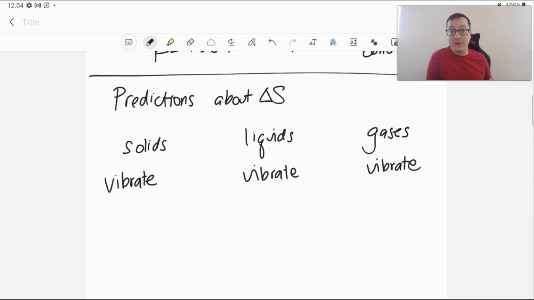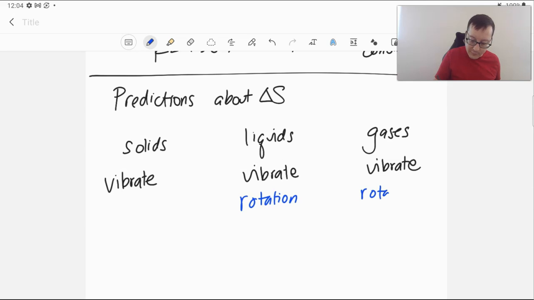They're very organized, and they're rigid, and they don't really move other than vibration. With liquids, we also add rotation. Liquids can rotate around. Water molecules can spin around because they are not locked in position anymore. And gases, of course, can do that too.